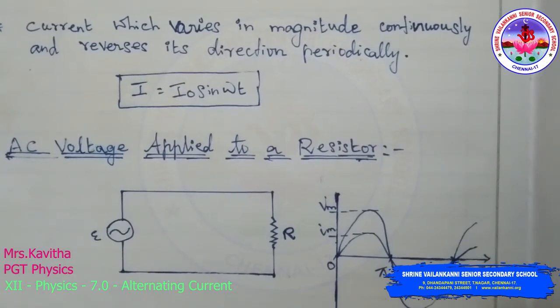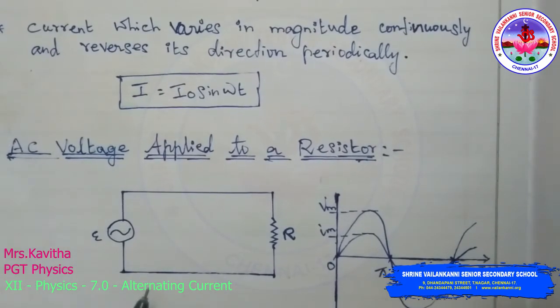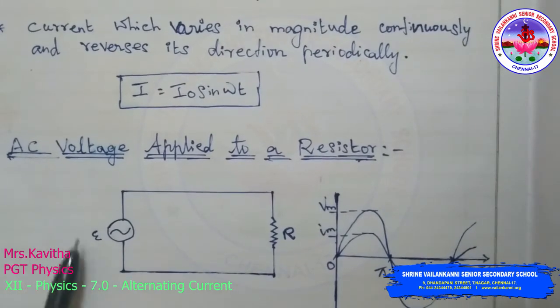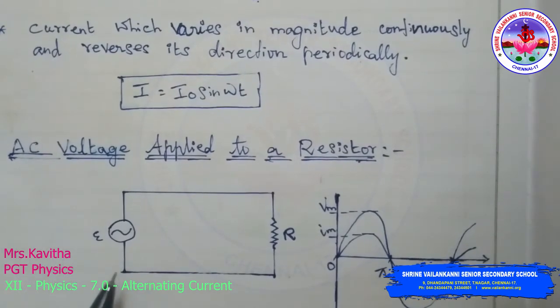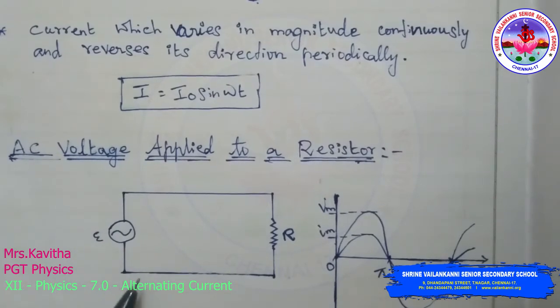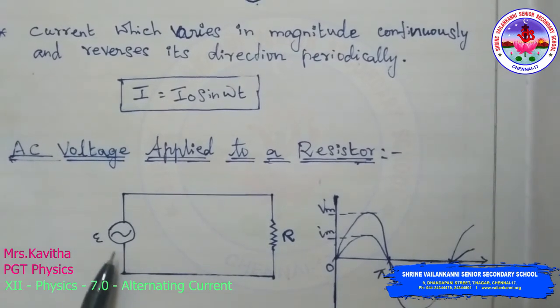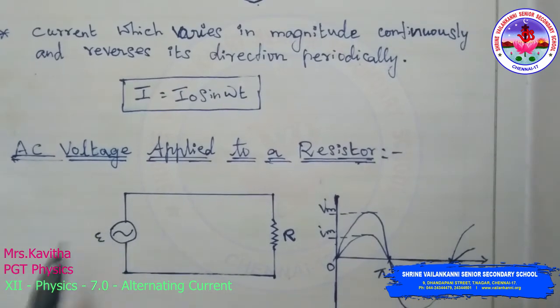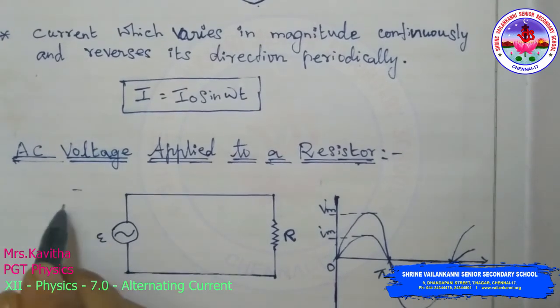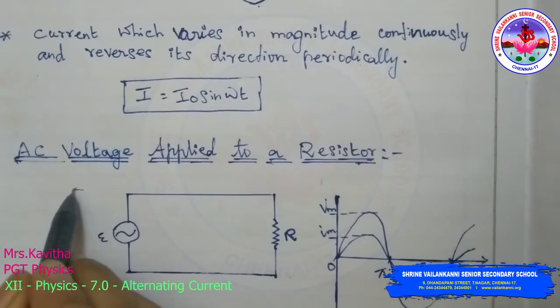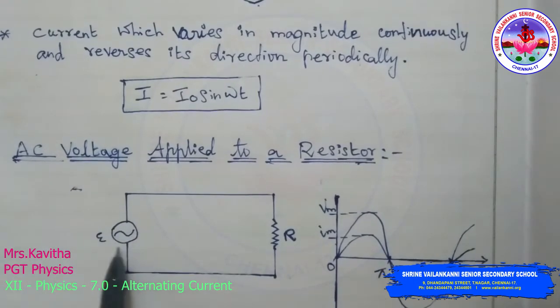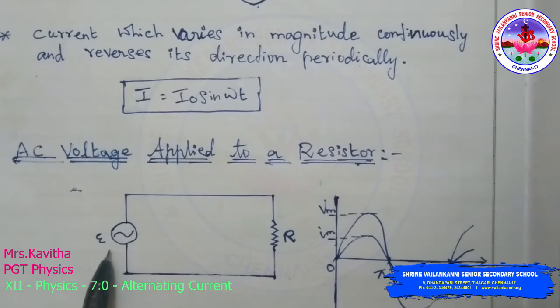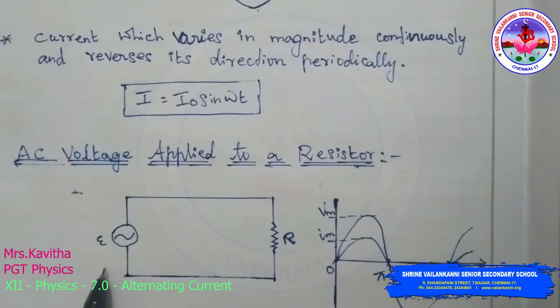See the diagram: it shows a resistor connected to a source EMF of AC voltage. A straight line symbol means this is for DC. This is the symbol for an AC source.